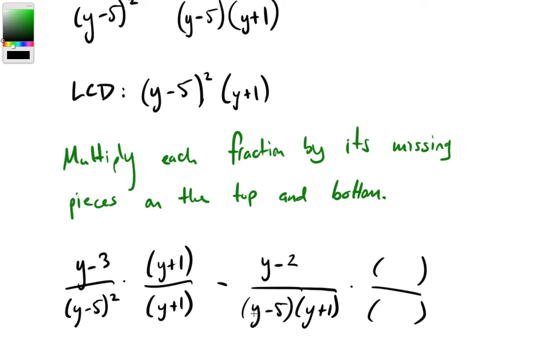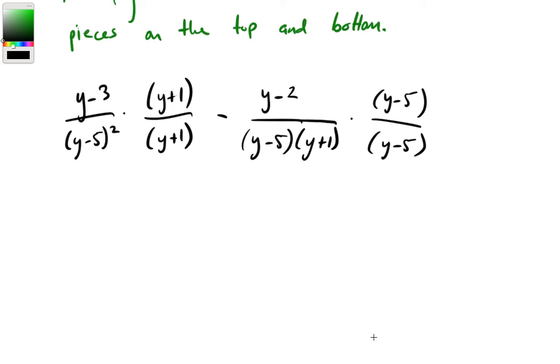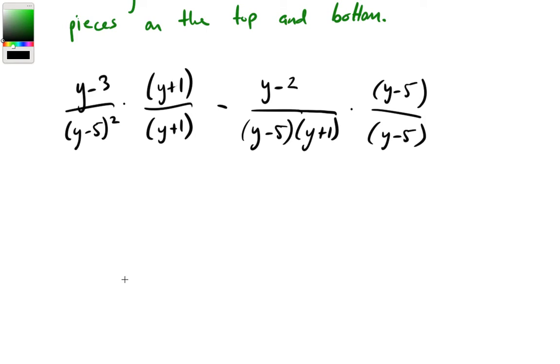So this denominator has a copy of y minus 5 and a copy of y plus 1, so it's missing one copy of y minus 5, so that's what we're going to multiply this one by on the top and the bottom.